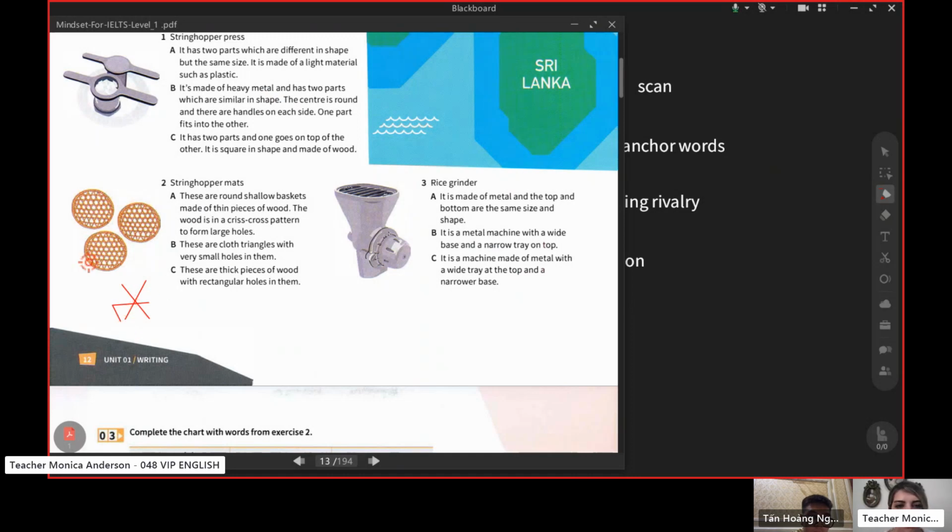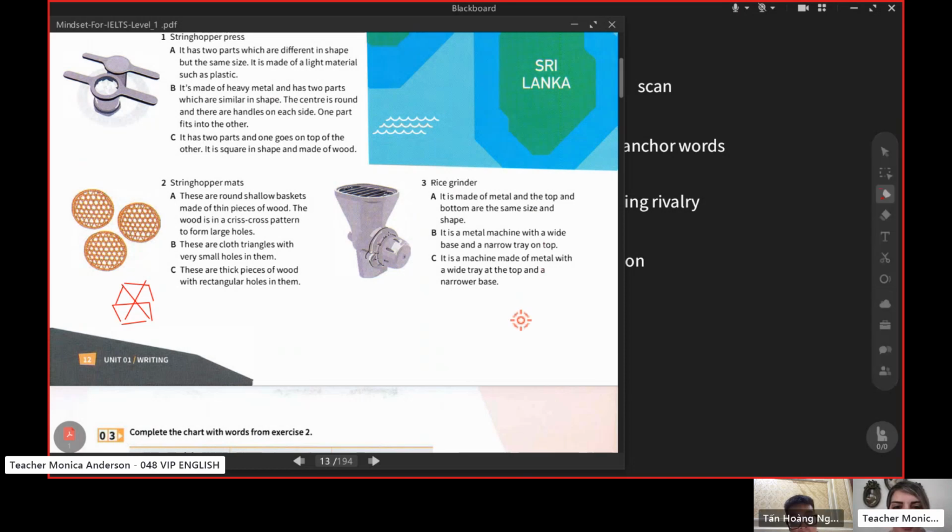They're crisscross, they're the same, of course. So A. And we say shallow. Shallow is something really light, not thick. This is really thin. And they're round, of course, wooden. So they are mats.